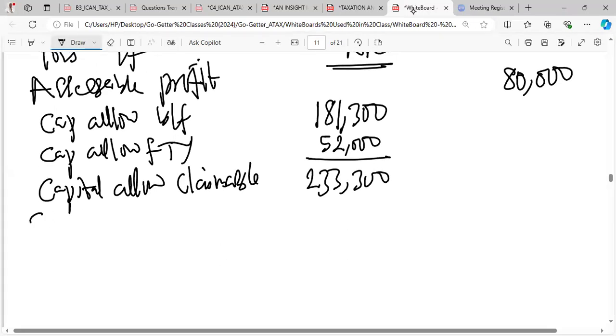Now, capital allowance relieved is going to give me two over three of 80,000.